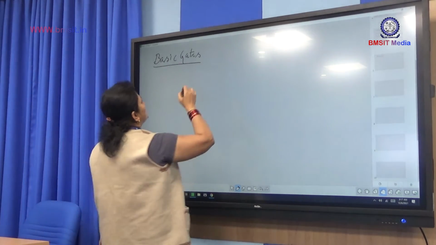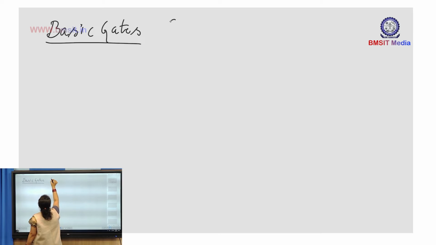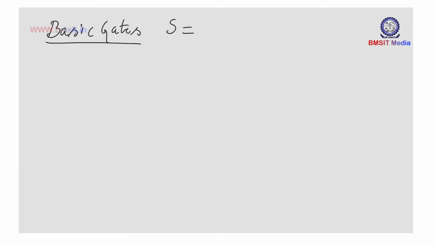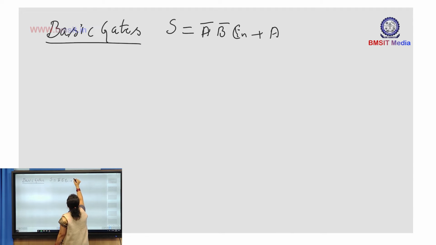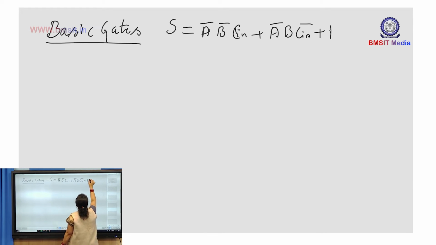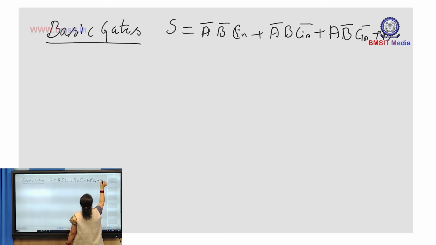So what is the basic expression for sum? Sum was equal to A bar B bar C in plus A bar B C in bar plus A B bar C in bar plus A B C. Okay.